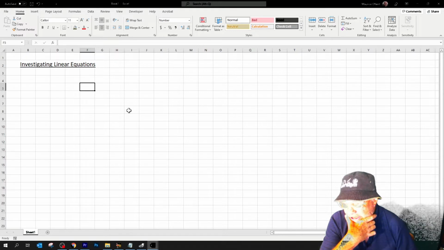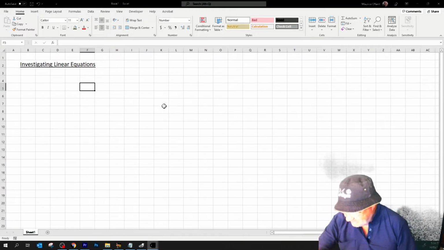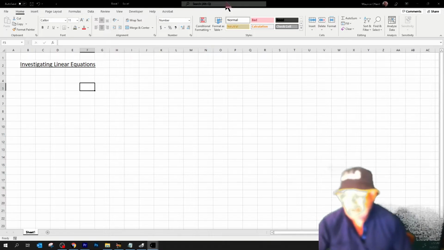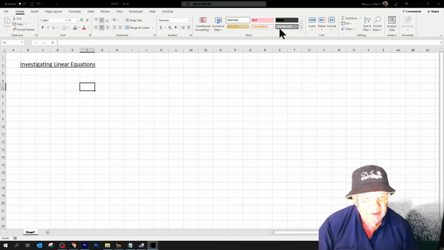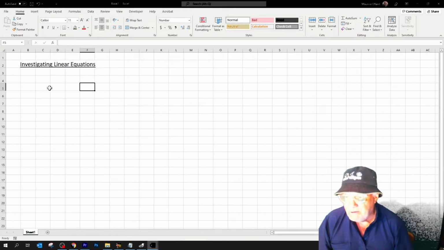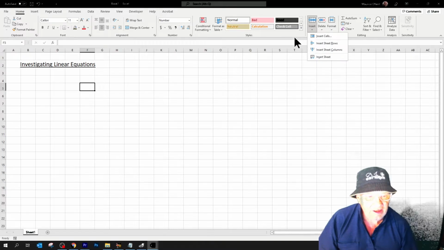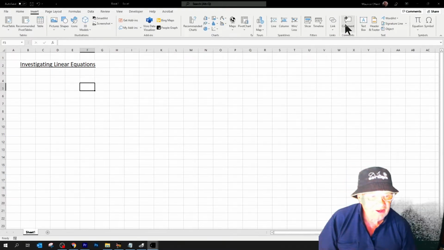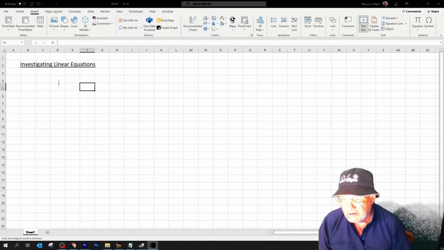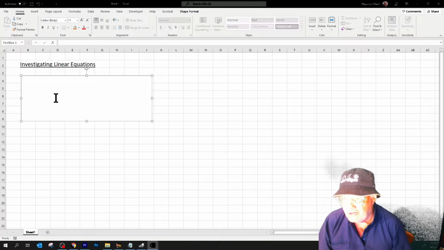And what I want to look at is a particular sort of equation. And I'm going to put that in the text box. So I'll go to my insert here and click on a text box because I want to use the equation notation.